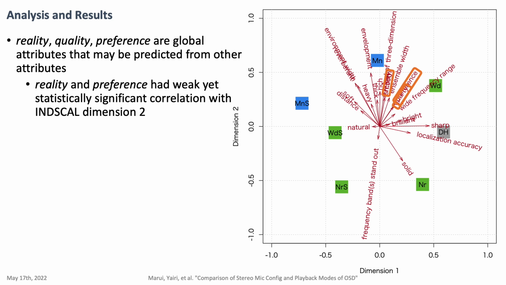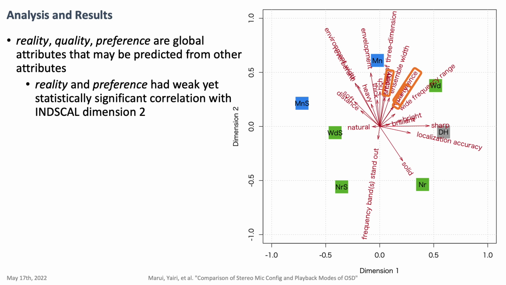The 22 attributes included 3 global attributes: reality, quality, and preference. 3 of them are weak, but in direction of the top right, where main and wide stereo microphones with OSD playback are.